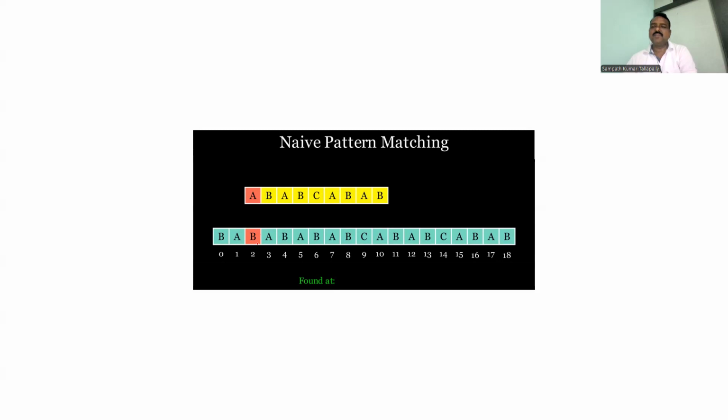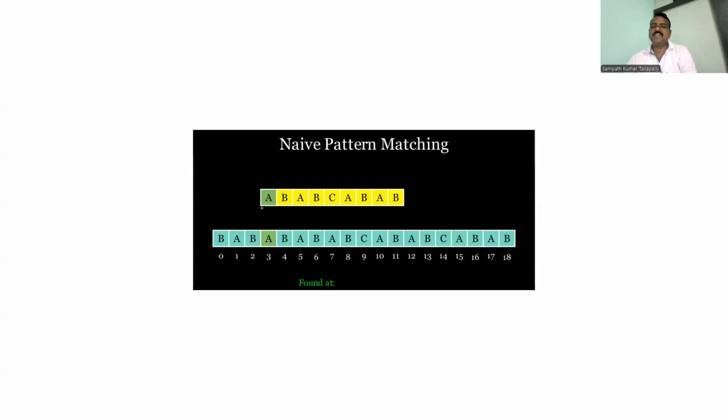Now we are at the second position of my string. We are going to compare it with the first element of my substring, and we observe that they are not matching. When they are not matching, again we increment the pointer of my string, and we compare these two characters and see that they are matching.